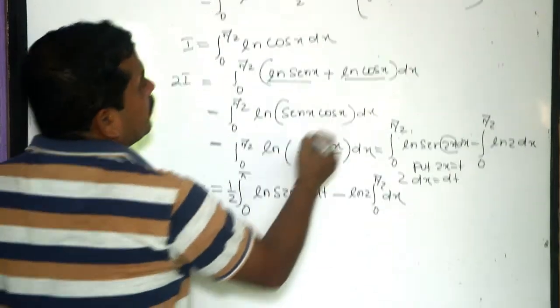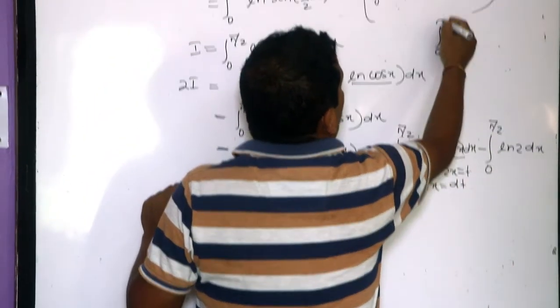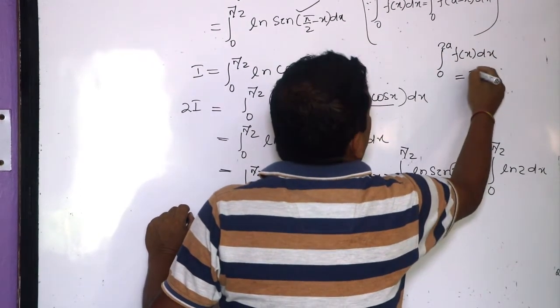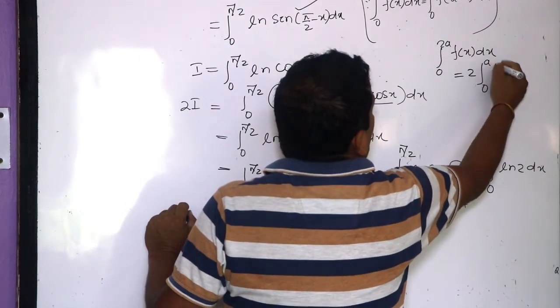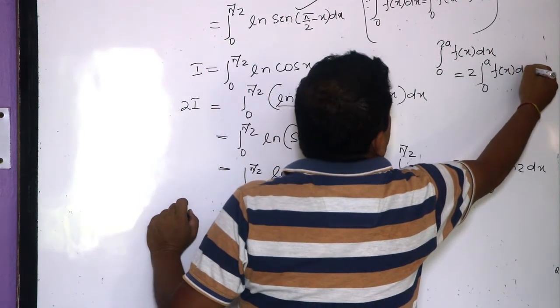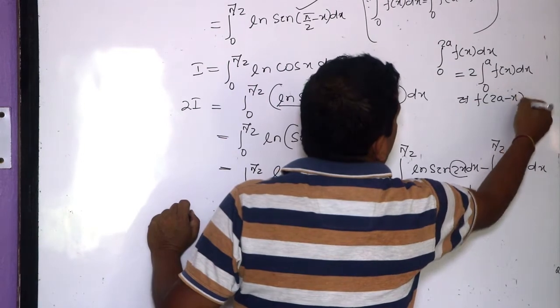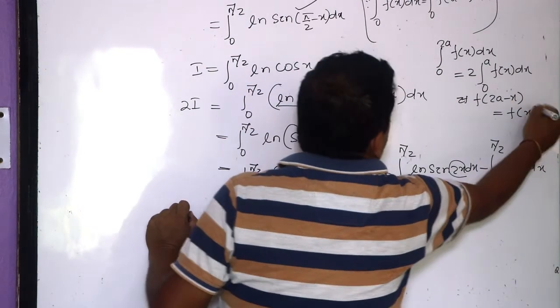We know that integral 0 to 2a of f(x) dx equals 2 times integral 0 to a of f(x) dx, if f(2a minus x) is f(x).